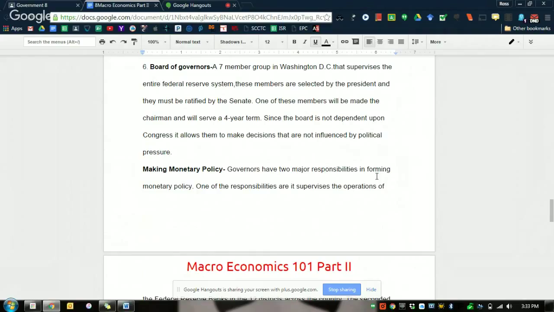This was to make sure that those governors that are appointed were not affected by political pressure like a politician might be. For example, lobbying. A company might hire a lobbyist who goes to certain political action committees, PACs, and says, hey, here's a bunch of money.